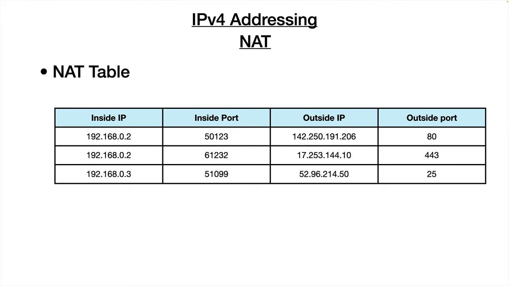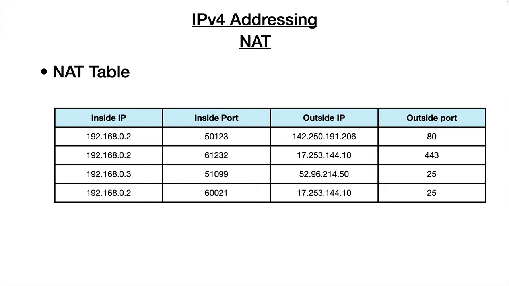One of the other machines in your home, 0.3, is trying to communicate with 52.96.214.50. This is Outlook.com, and they're using port 25, which is SMTP. So machine 0.3 has an email connection to Outlook.